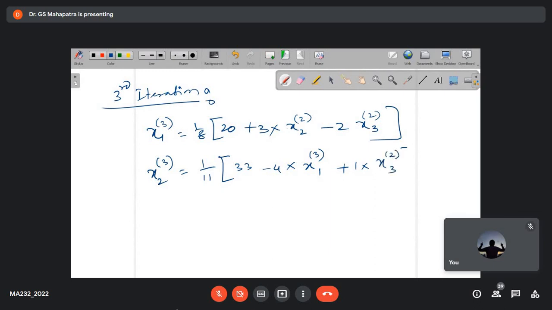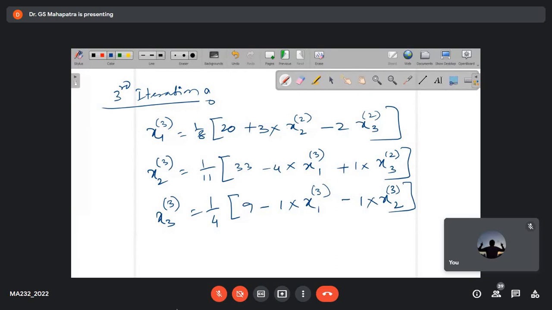And x33 equals 1 by 4, 9 minus 1 into x13 minus 1 into x23, not 2. Fine. I have written only the iterative formula.